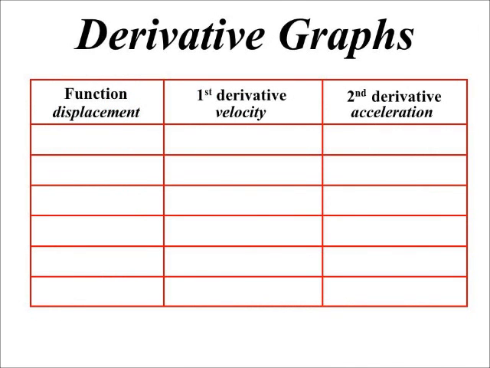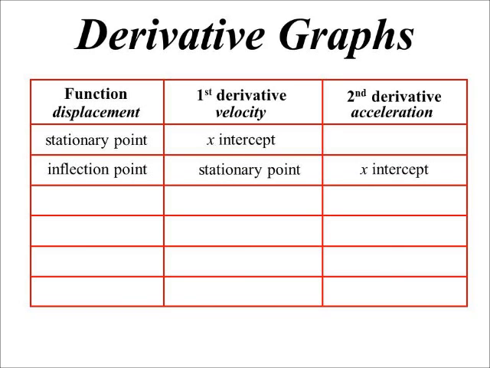So some ideas here. If we think of displacement as the function, then I know the first derivative is velocity, and we know the second derivative is acceleration. So on the original graph, on the displacement time graph, where I have a stationary point, if I was to draw a velocity graph, I must have an x-intercept, because stationary points occur when the first derivative is 0.